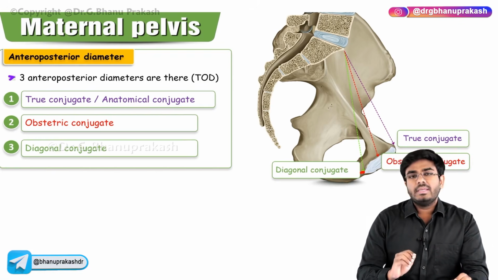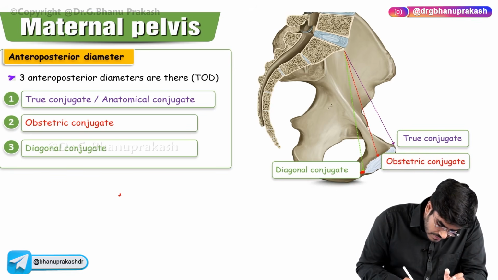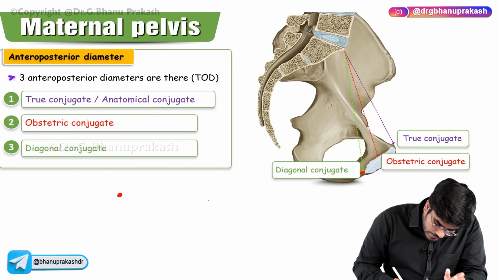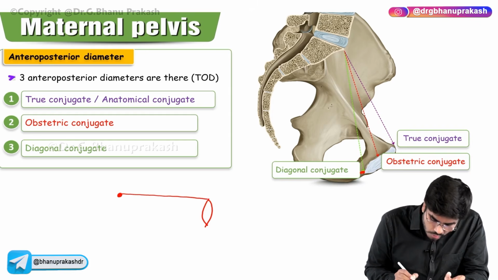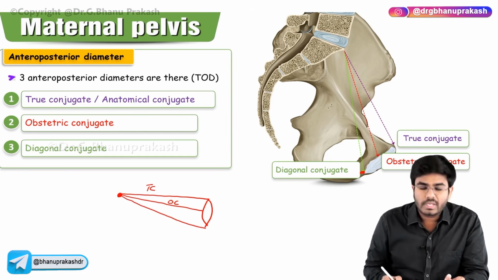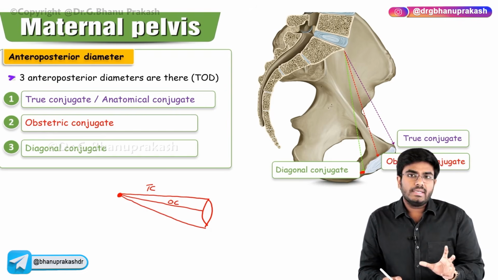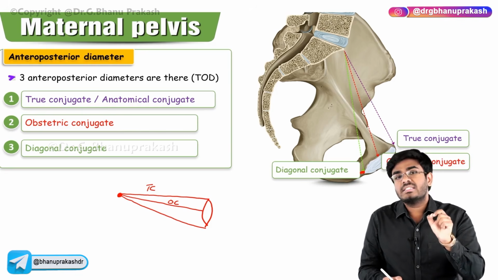Now, let me draw it again for you so that you will get the logic. If this is the sacral promontory and here is the pubic symphysis, what I am drawing right now is the true conjugate, this one is the obstetric conjugate, and the last one is the diagonal conjugate. Just by looking at it, tell me which conjugate has the largest diameter.